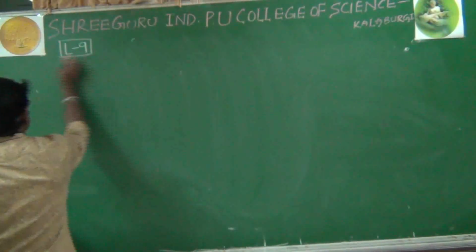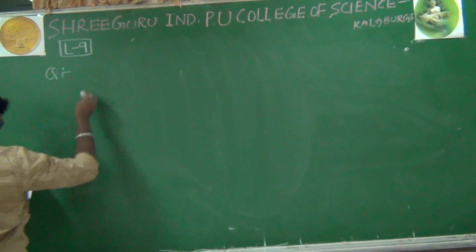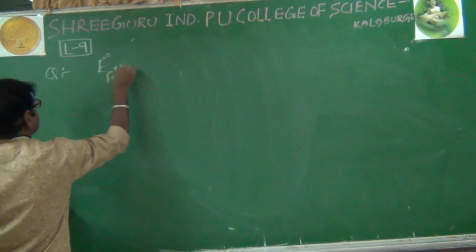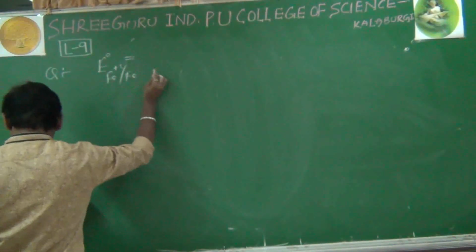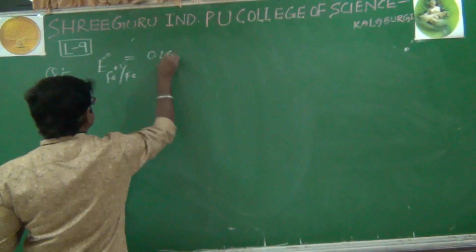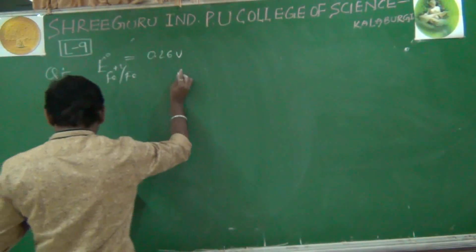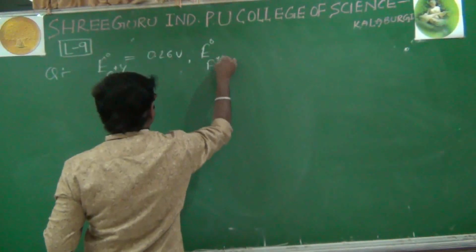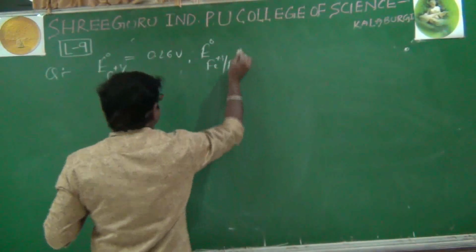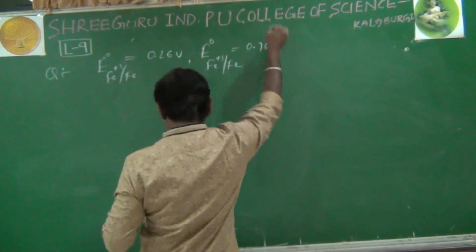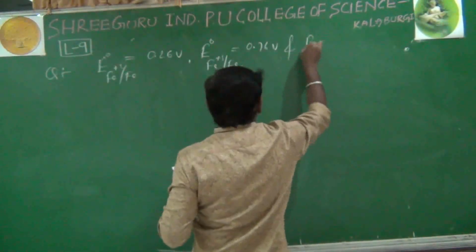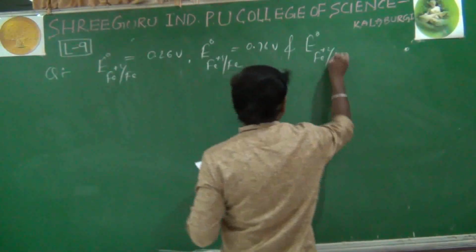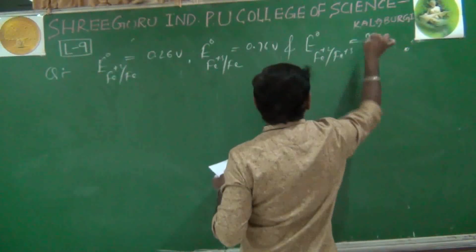The question is like this. Please try to follow it. E naught Fe plus 2 oblique Fe is equal to 0.26 volts, and E naught Fe plus 3 oblique Fe is equal to 0.76 volts, and we are asked E naught Fe plus 2 oblique Fe plus 3, which is the question mark.